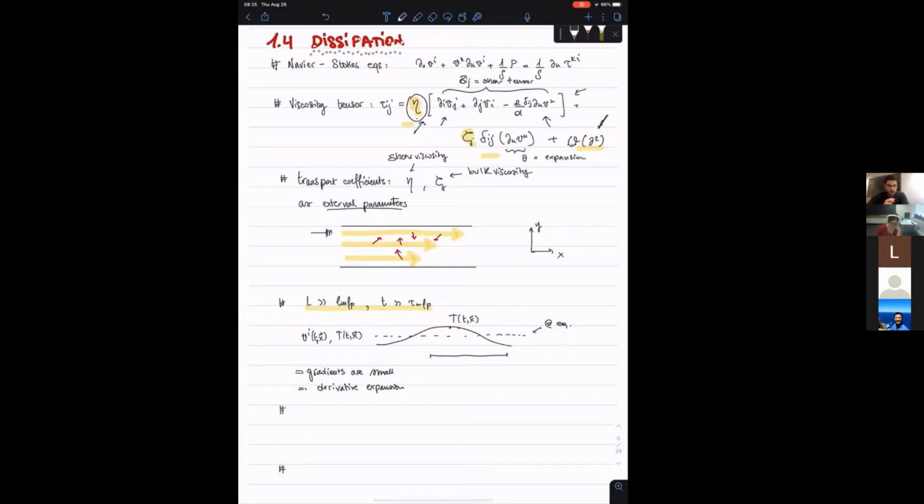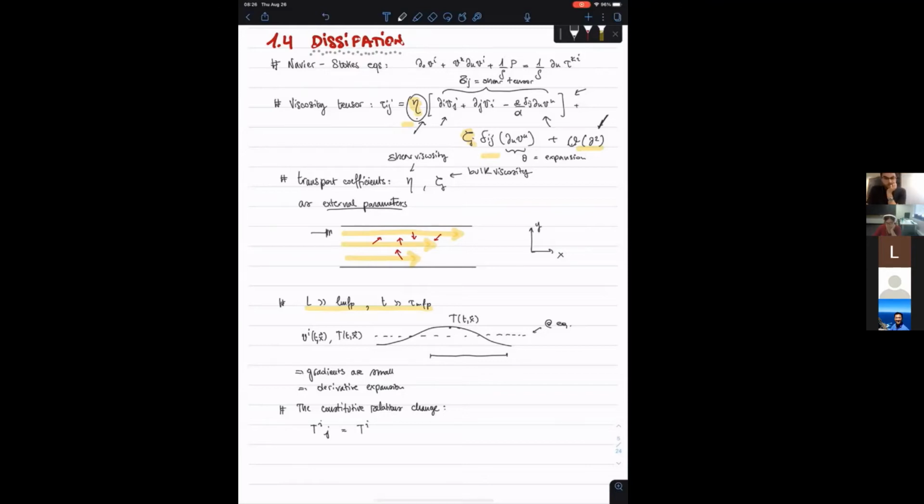So what happens with the addition of this dissipation is that the constitutive relations will change, the ones that he wrote before. These are the relations that tell you how the currents are related to the hydrodynamic variables.